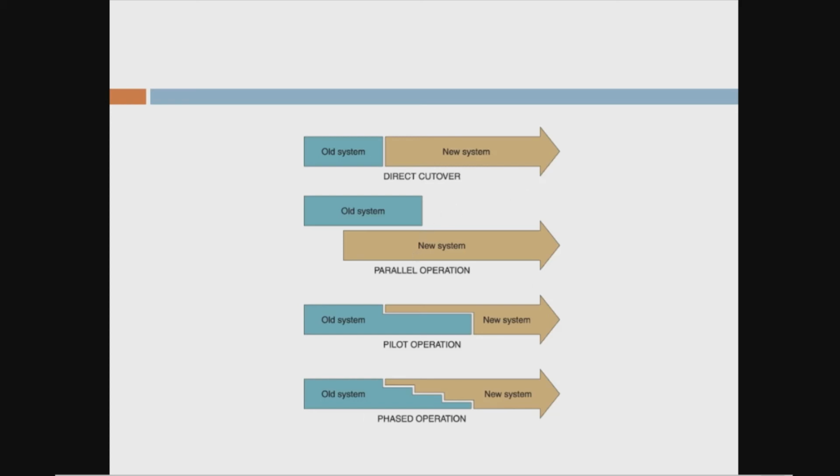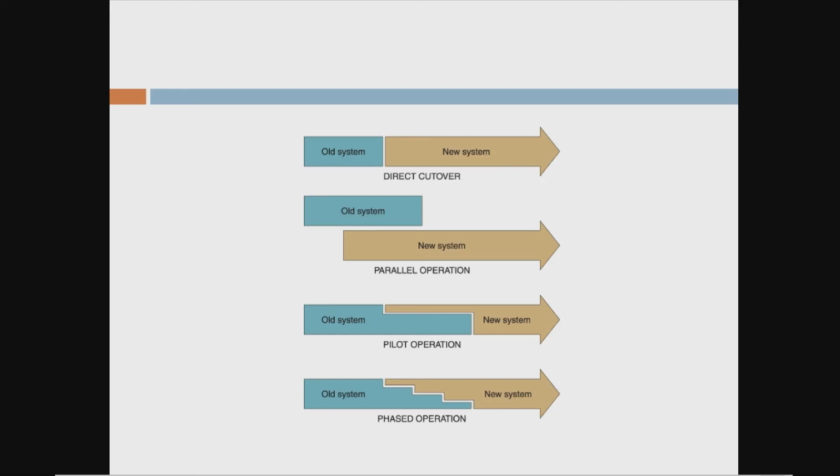Because let's say something fails here, we still have the old system as a backup. It will run until a certain point. After that, if we confirm and ensure that the system is okay, without errors and stable, then we will cut off the old system and just apply the new system. So this one is parallel.